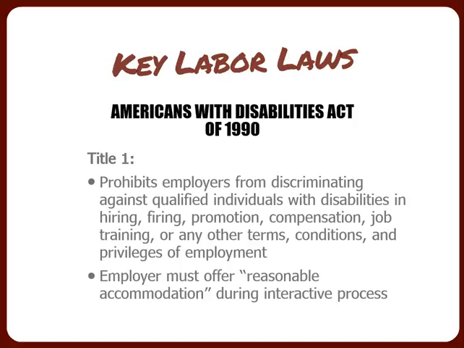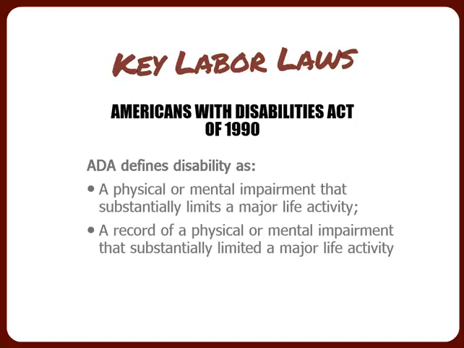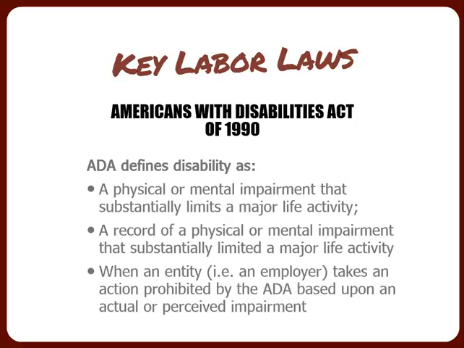desk for that person. The Americans with Disabilities Act defines a disability as a physical or mental impairment that substantially limits a major life activity, a record of a physical or mental impairment that substantially limits a major life activity, or when an entity, for example an employer, takes an action prohibited by the ADA based upon an actual or perceived impairment.